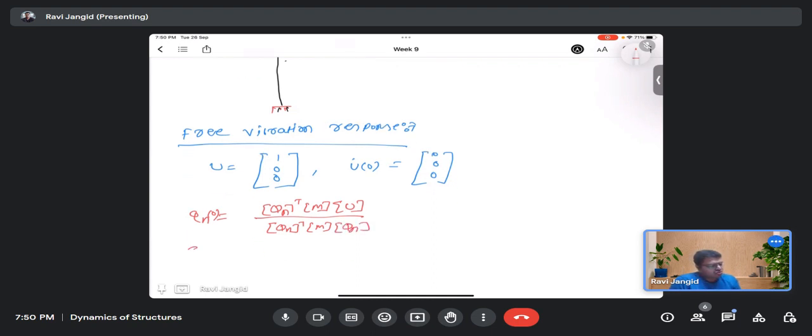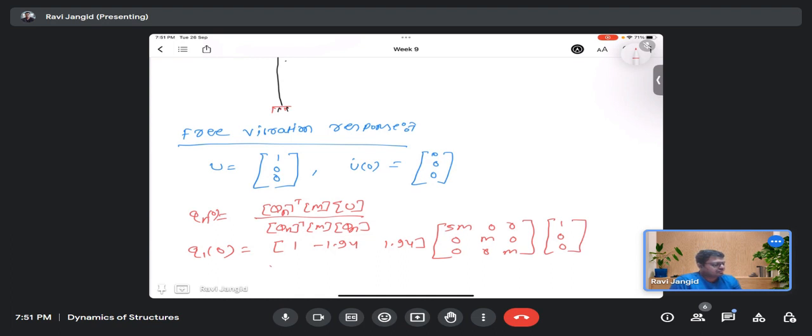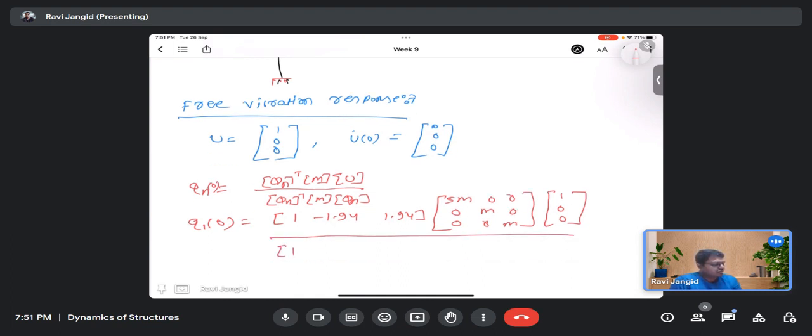So for q1(0), what is my phi 1 transpose? It would be 1, -1.94, 1.94. The mass matrix I have is 5m, 0, 0, 0, m, 0, 0, 0, m, and u(0) is given as 1, 0, 0.